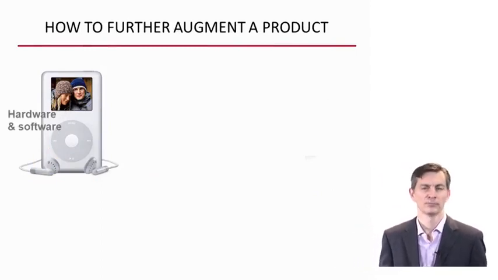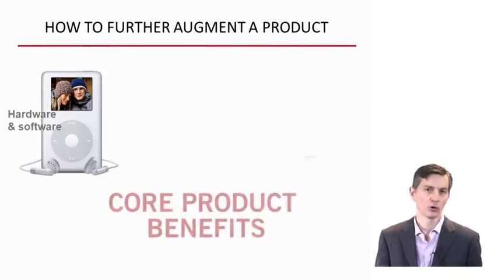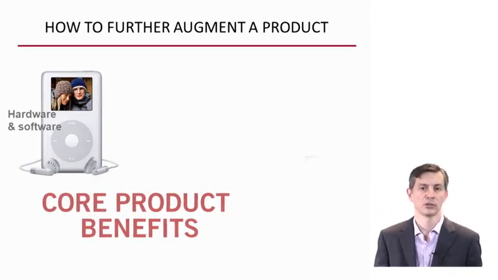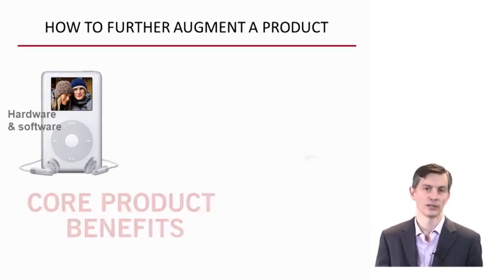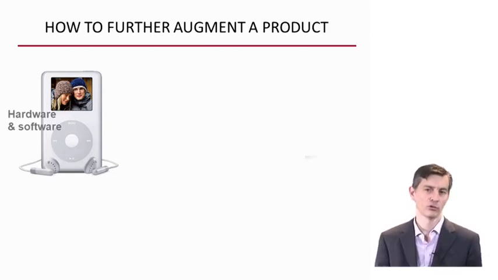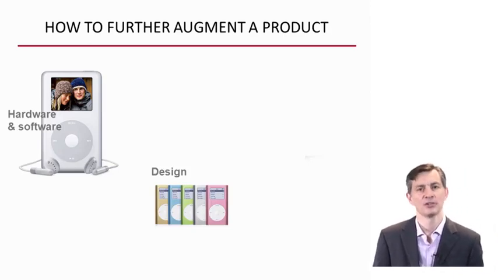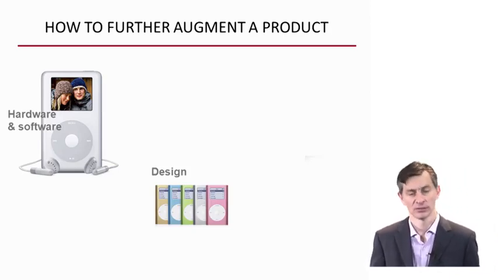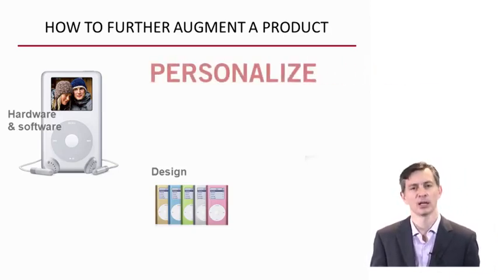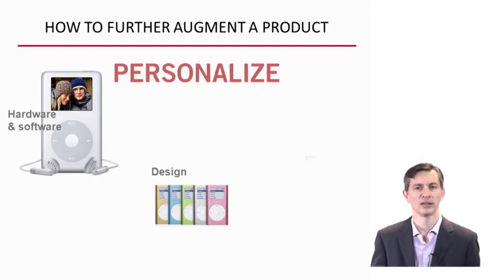Well, first of all, you have to begin with the core product benefits, which in the case of consumer electronics is the hardware and the software, right? But we've already said before that Apple was not the best MP3 player in terms of either sharing or memory capabilities. But in addition, you have design. It's very nice to be able to personalize to your own color and size.